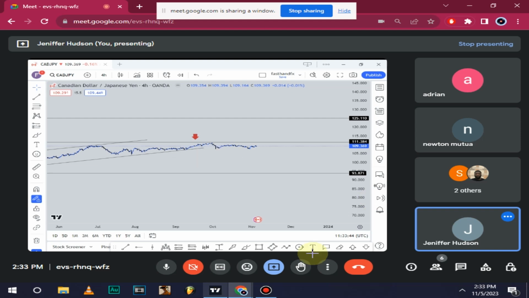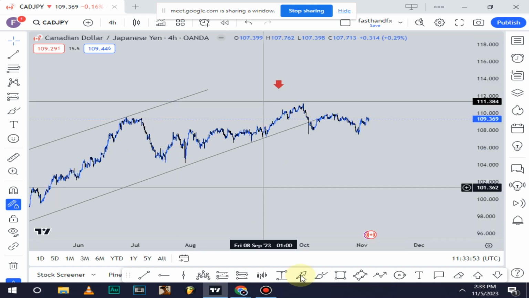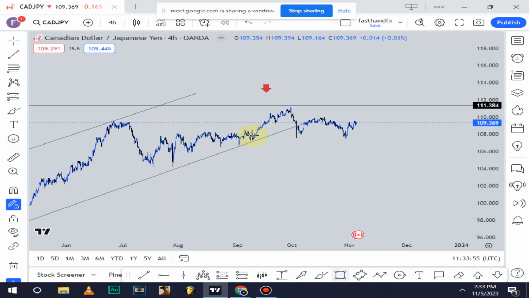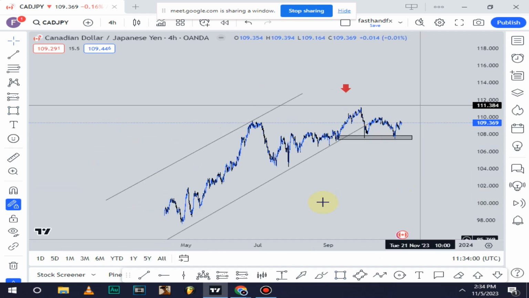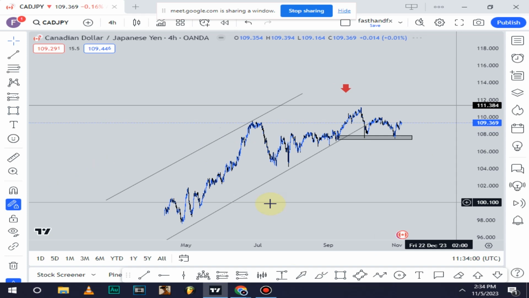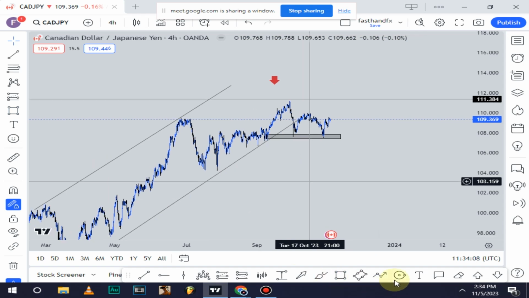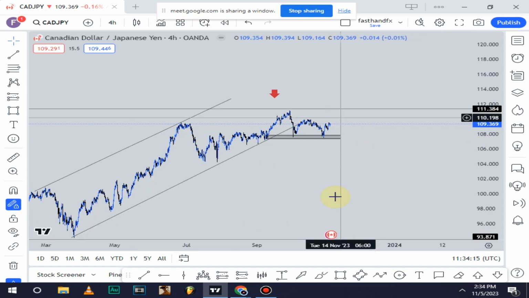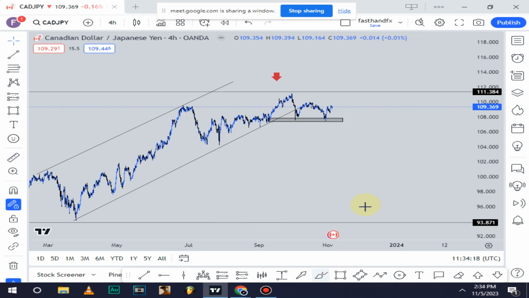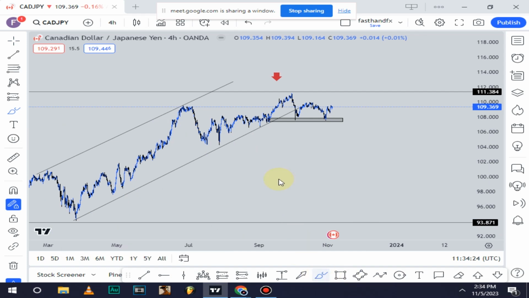Right there we have that. So of course I can see we had that break, right? Could happen, but we had this zone right here. So this is a support that we should not ignore. And currently I'm not seeing any sign of a reversal for this market to go down, because if the market did break out of this uptrend, and really wanted to go down around this zone right here, then we should have seen a reversal sign to tell us that this market wants to go down.